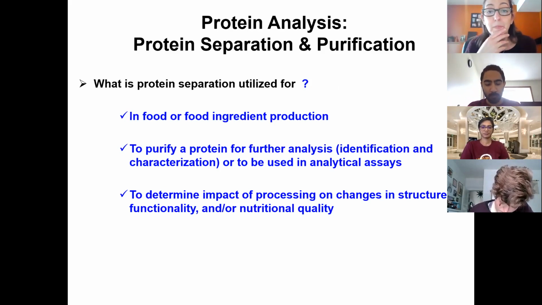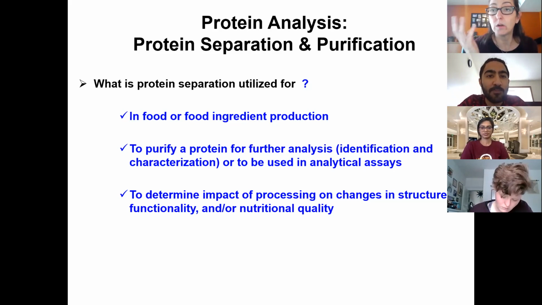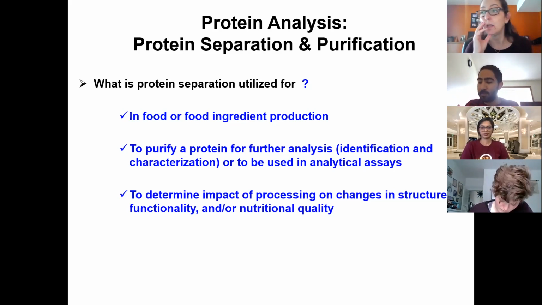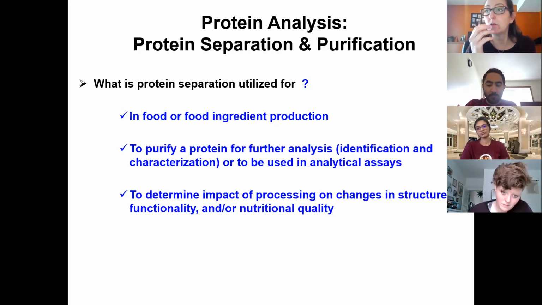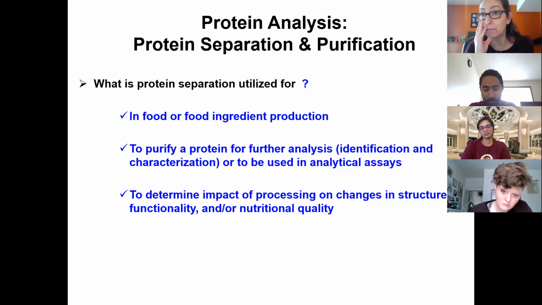And another important one, and I'll give a lot of examples on it later, is determining the impact of processing. So when you process, let's say you're milling a flour to extract protein, or you are heating the flour to pasteurize or inactivate pathogenic bacteria, or you are heating soy flour to inactivate trypsin inhibitor.